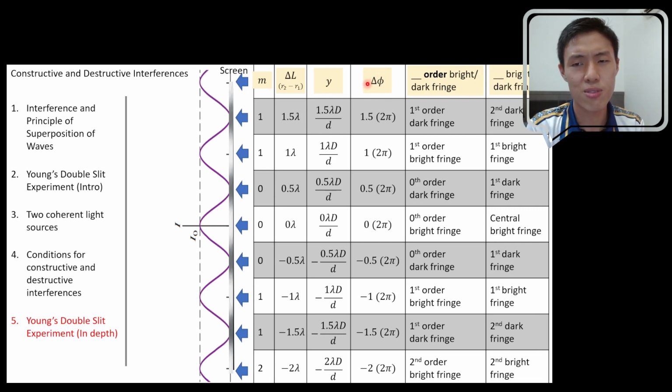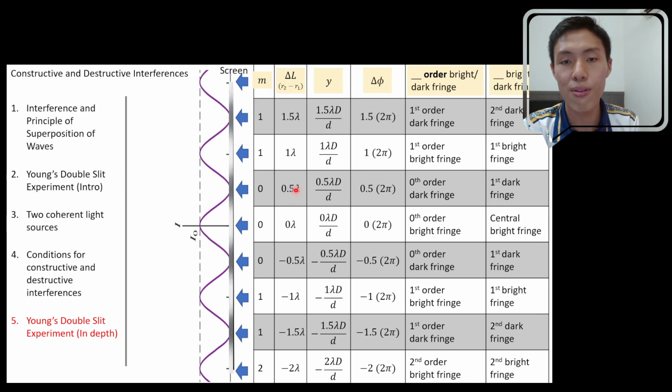Phase difference means if the path length is longer by one single lambda, you know that one lambda is one cycle, right? So one cycle is 2 pi radian. So you just change the lambda to become 2 pi. If it differs by one wavelength, it is 1 times 2 pi radian.